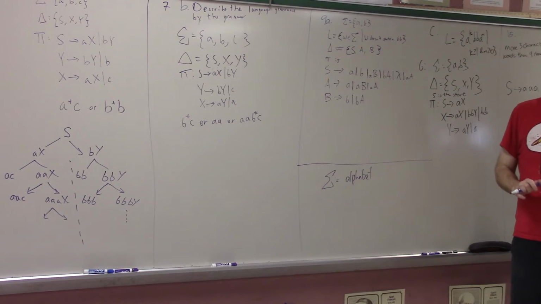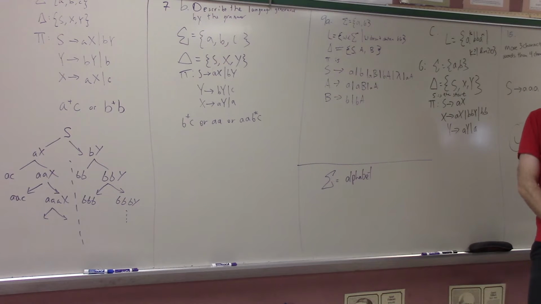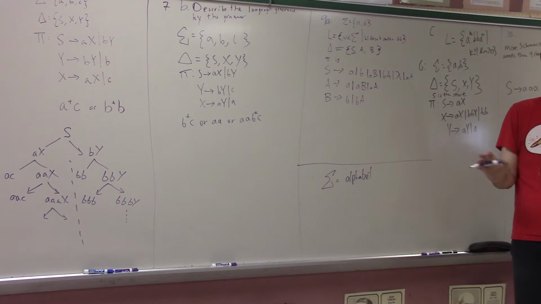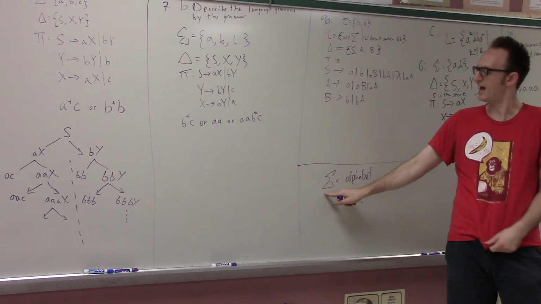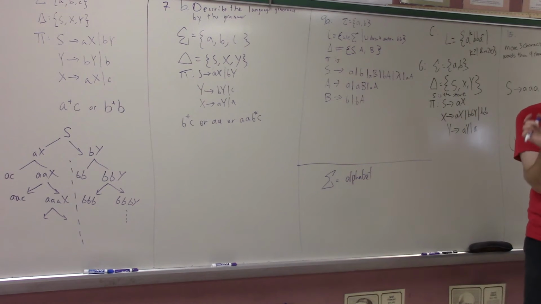It seems that we should just always have this as a terminal symbol which every regular grammar should have. I do not need to explicitly mention it. I think it's best to think of this as the alphabet, and then to define the set of terminal symbols as every character in the alphabet plus this character.